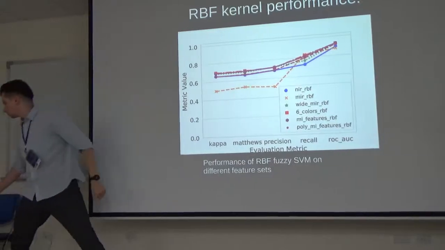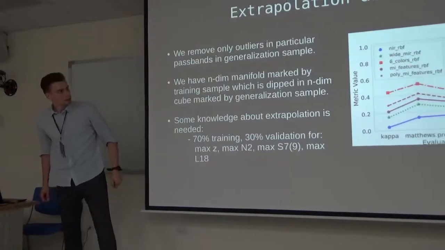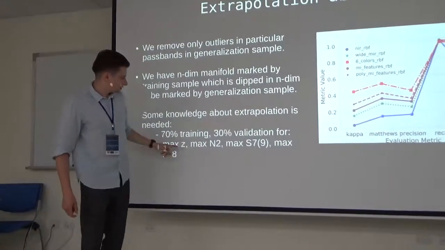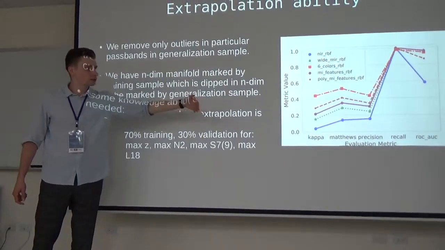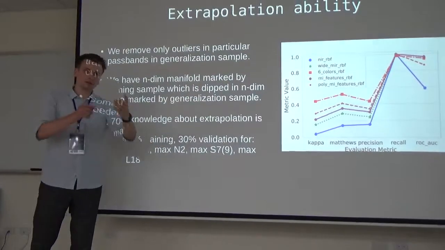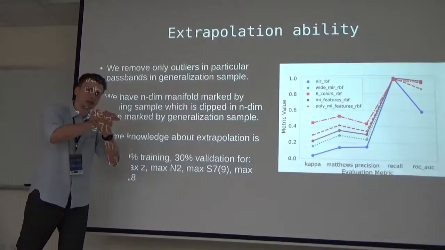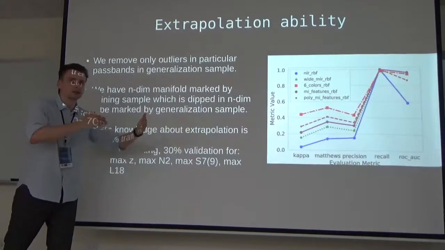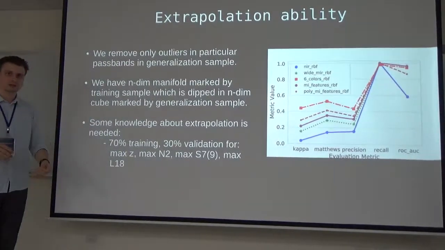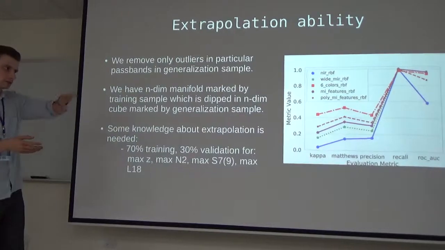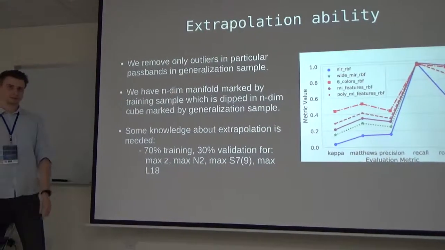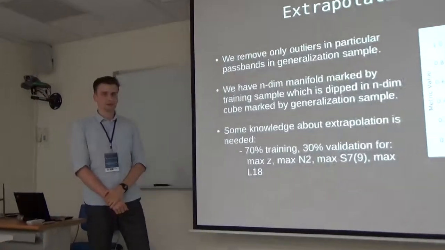And then you also need to check the extrapolation. We did several of them, and in all of them the 6 color feature set shows the best results. So you also need to check that when you have this small extrapolation outside the training set range, it won't give you very bad results, because then you will have a lot of outliers on the outskirts of the training range.